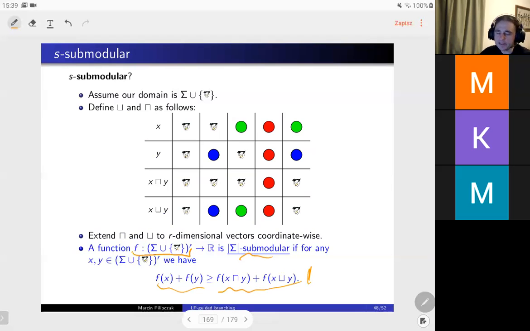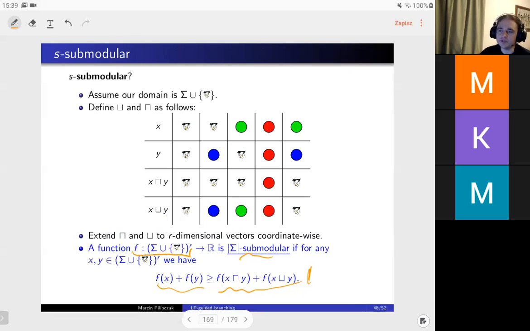And the point is that our relaxation of the unique label cover from a few slides back is submodular in this sense. That's the underlying reason why we put halves on the edges between jokers and non-jokers.